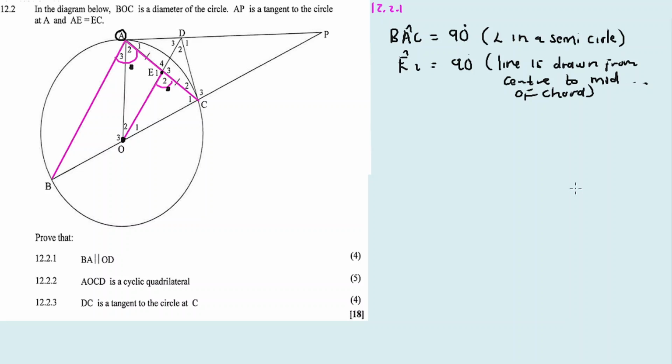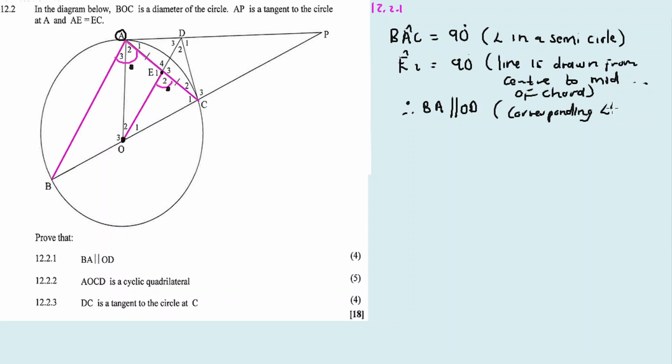When they are equal, therefore the conclusion we can make is that BA is parallel to OD, right? Why are they parallel? Because of proving using corresponding angles.